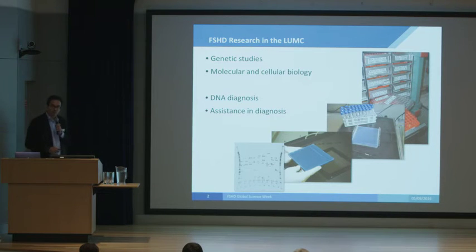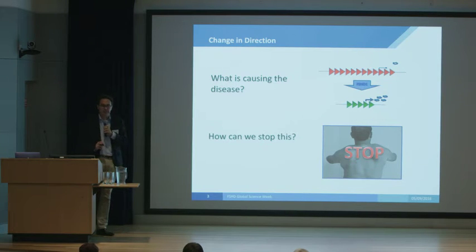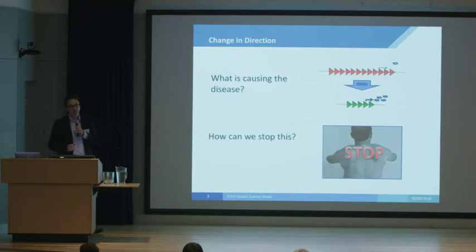Now, being for so long time in FSHD also makes you realize that in the past 5-6 years ago, we have really seen a complete change in the direction that our studies are taking. So until 2010 or so, everyone in the research field was really dealing with the question, what is causing the disease? How can it be that this contraction of this repeat, this D4Z4 repeat, leads to a muscle disease?